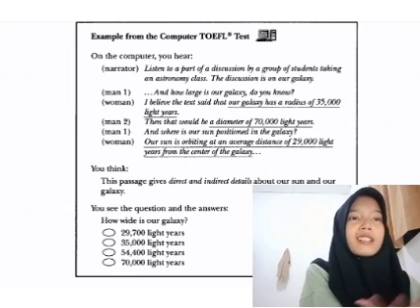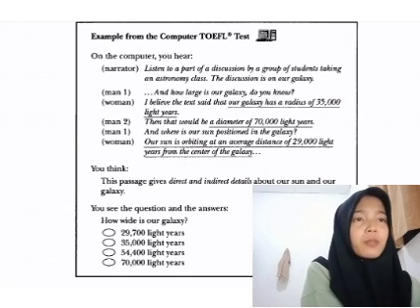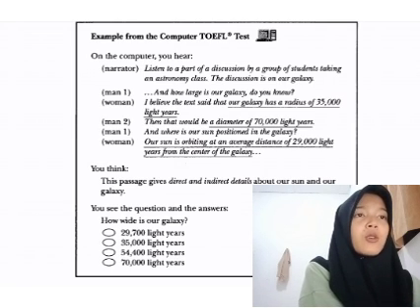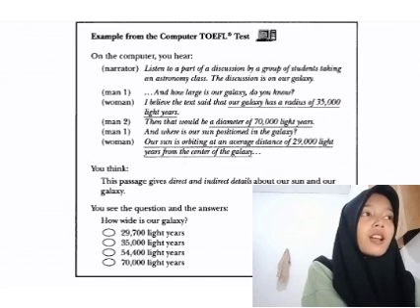Man 2: Then that would be a diameter of 70,000 light years. Man 1: And where is our sun positioned in the galaxy? Woman: Our sun is orbiting at an average distance of 29,000 light years from the center of the galaxy.